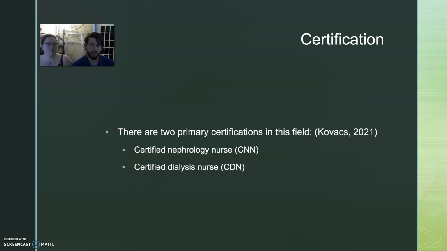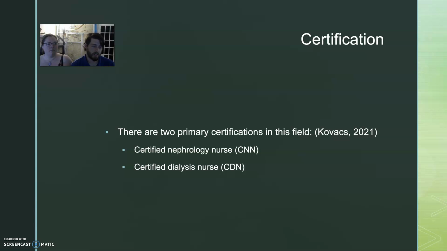Certification is done through the Nephrology Nursing Certification Committee, and there are 2 primary certifications available for the dialysis nurse. Those are the Certified Nephrology Nurse and the Certified Dialysis Nurse. The Certified Dialysis Nurse focuses more primarily on dialysis, either hemodialysis or peritoneal dialysis, and it requires 2,000 hours working within the field.